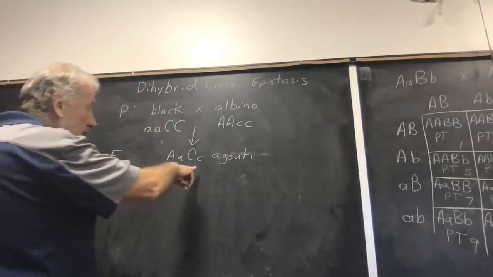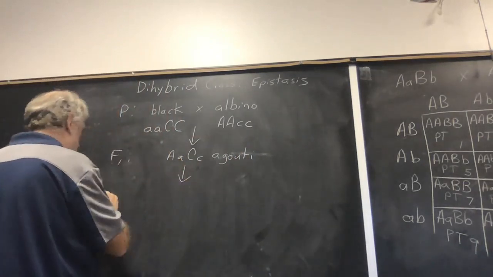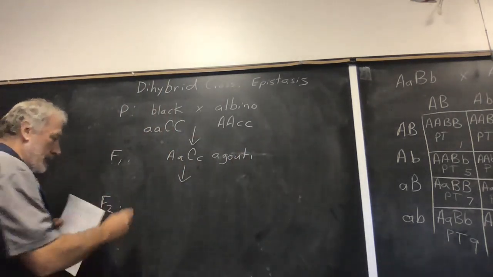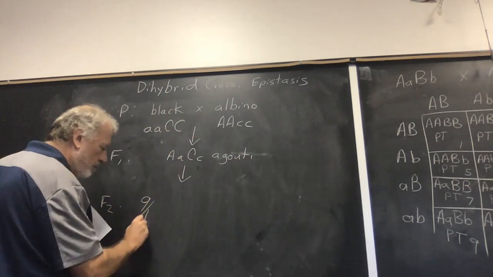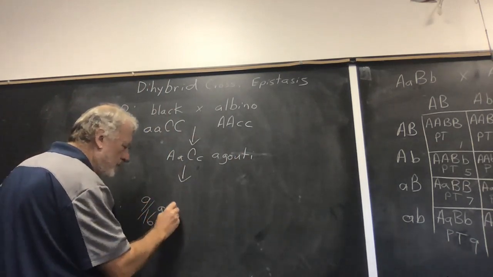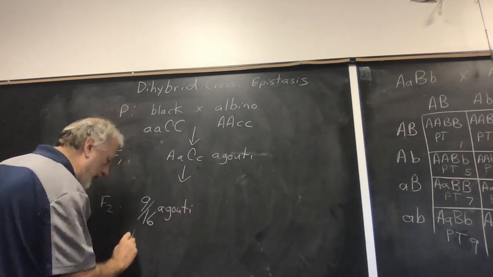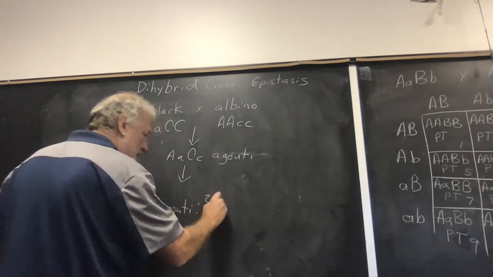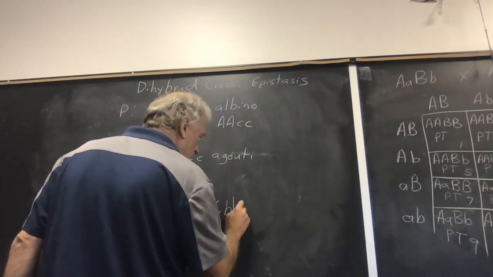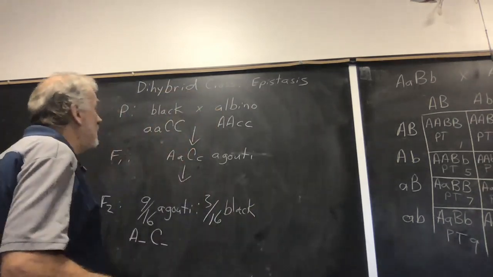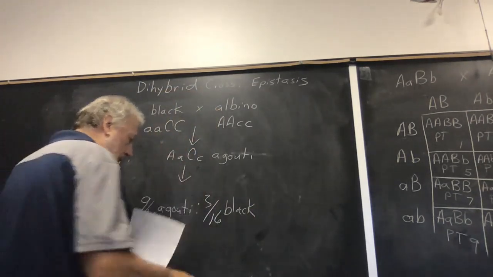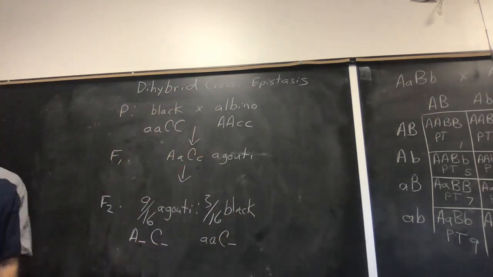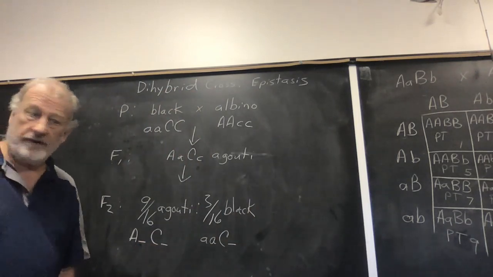Now we're going to take and cross 2 F1 agoutis, and we'll see we get an F2 phenotypic ratio where 9/16 will be agouti, just over half. 3/16 black. Again, dashes mean that that allele, doesn't matter what it is, it doesn't affect the phenotype.